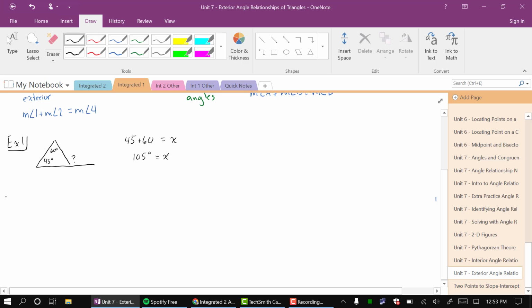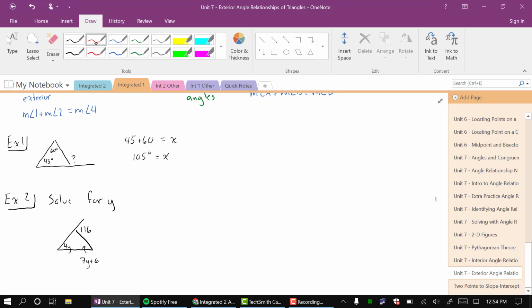Let's try a little more difficult one. So example 2. Solve for y. So this is 4y. This is 7y plus 6, and this is 116.